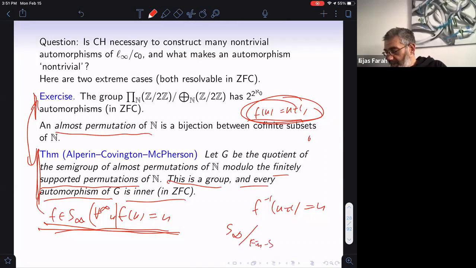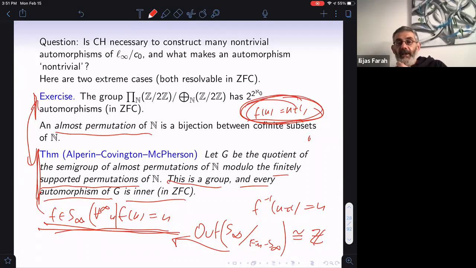I'll just say fin S infinity for finitely supported permutations, the outer automorphism group of this is isomorphic to Z, and those automorphisms exactly come from, they're generated by, conjugation by this element here.